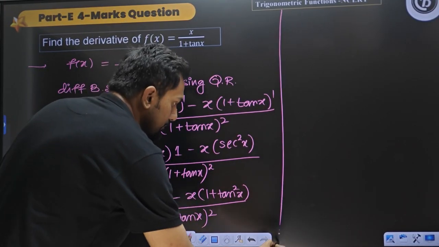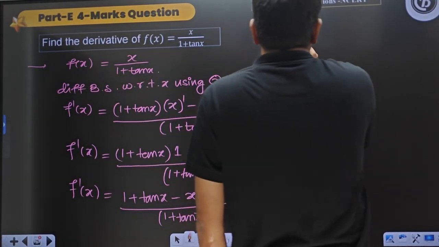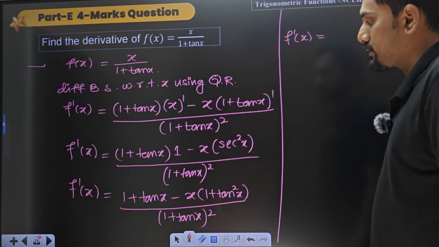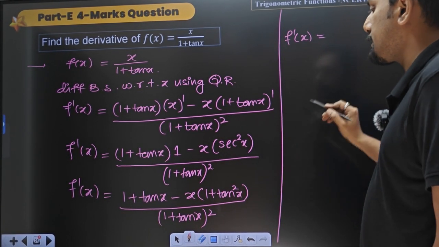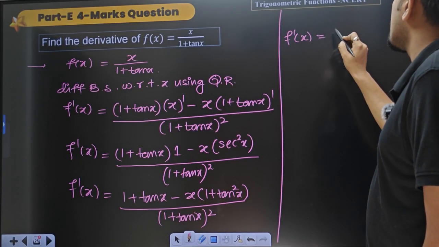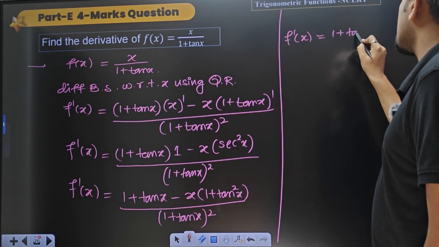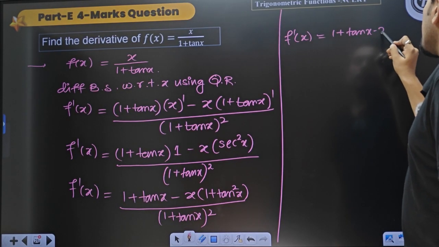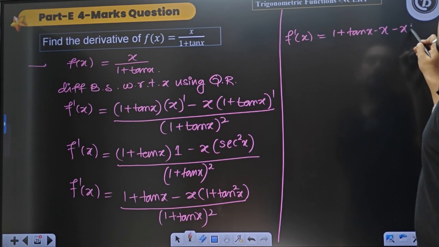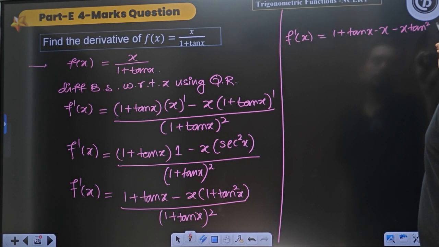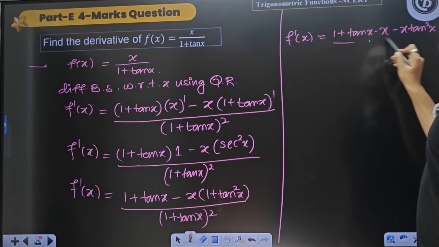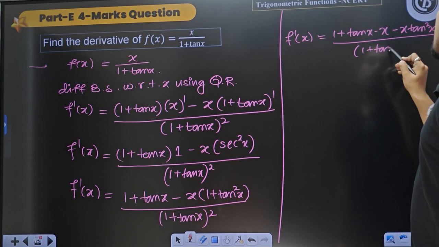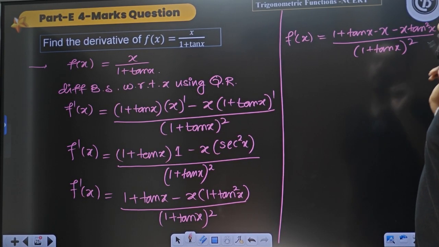Then f dash of x is equal to, if we multiply the minus x with this, what happens? 1 plus tan x minus x minus x tan square x, divided by 1 plus tan x whole square.